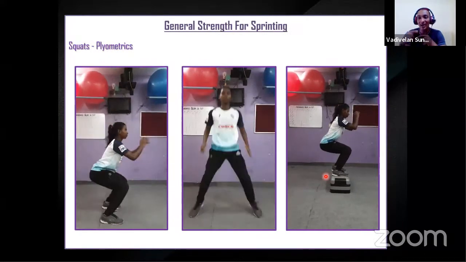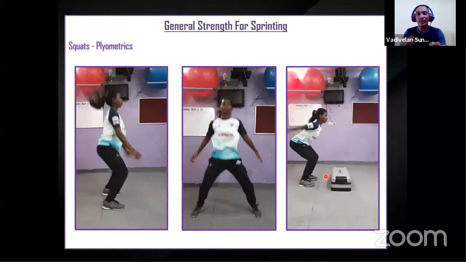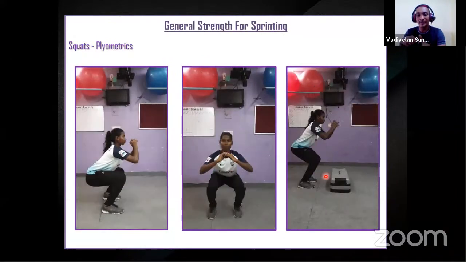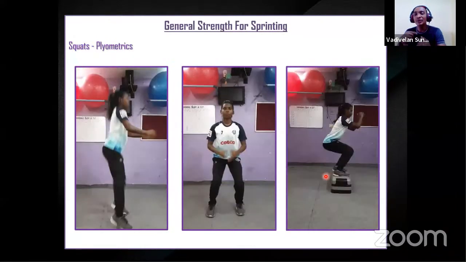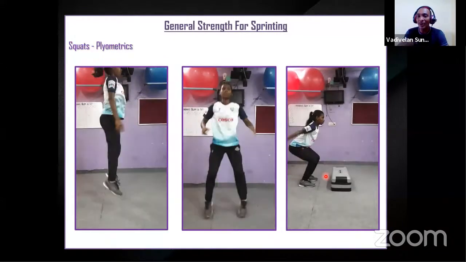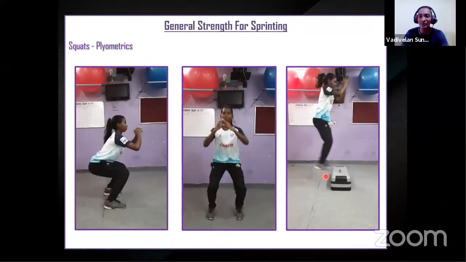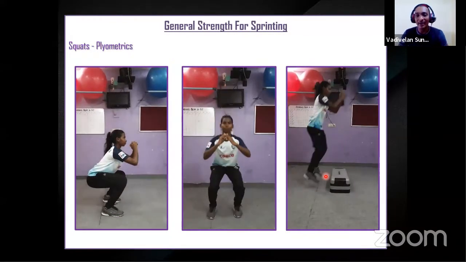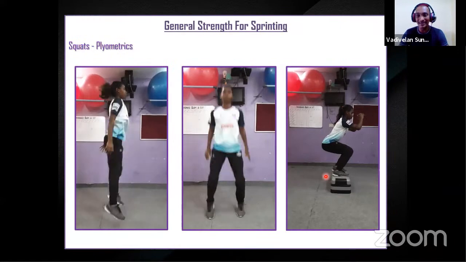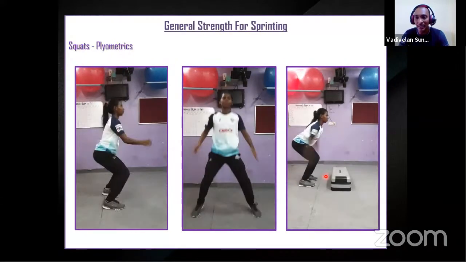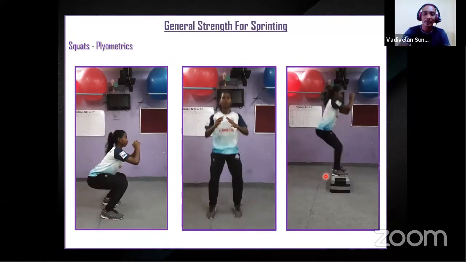This will give a larger propulsive force. For example, a jump after a squat, or a squat after a jump, stepping over and getting down again, making a squat. This needs larger coordination and a bursting activity of your glute and quadriceps.